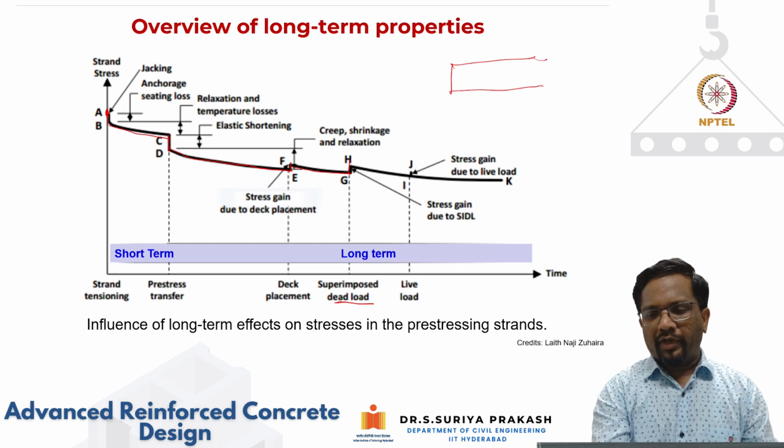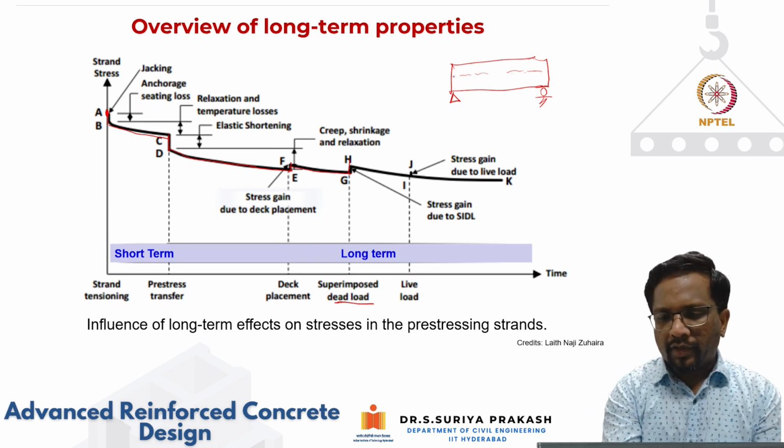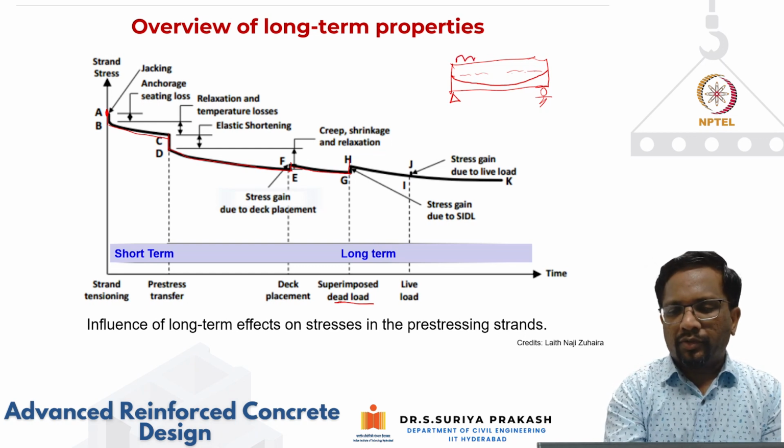Now, what we are really looking at is, let's assume that it is simply supported. We are looking at a parabolic girder, and it is subjected to, let's say, a uniformly distributed load.